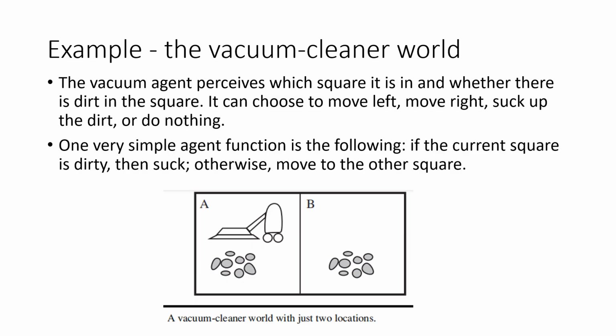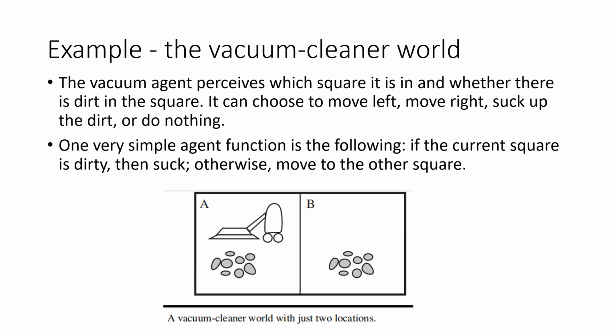What it will do is first check where it is and whether it is clean or not. So if initially it is placed in square A, it will check whether it is clean or not. If it is clean, then it will move to the next square B. And if it is not clean, then it will first clean A, then move to the next square B.